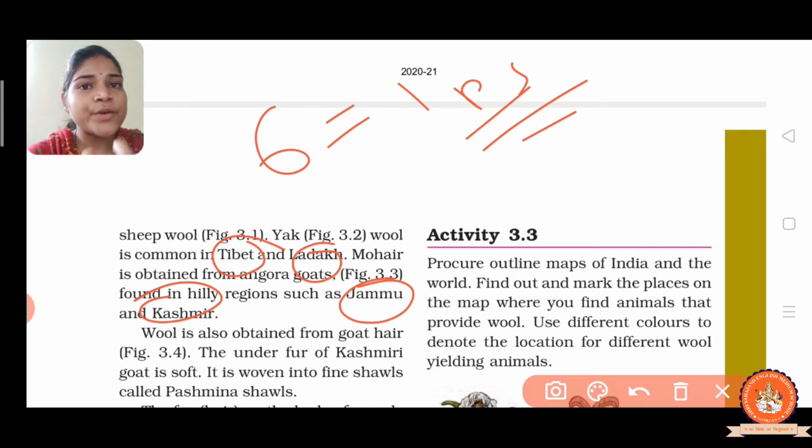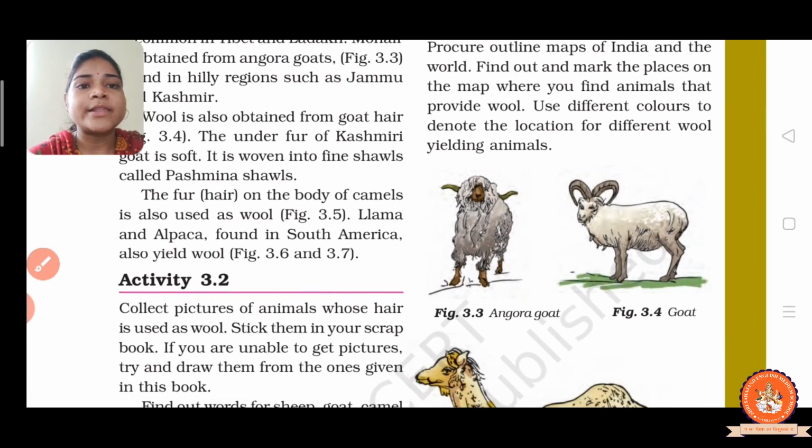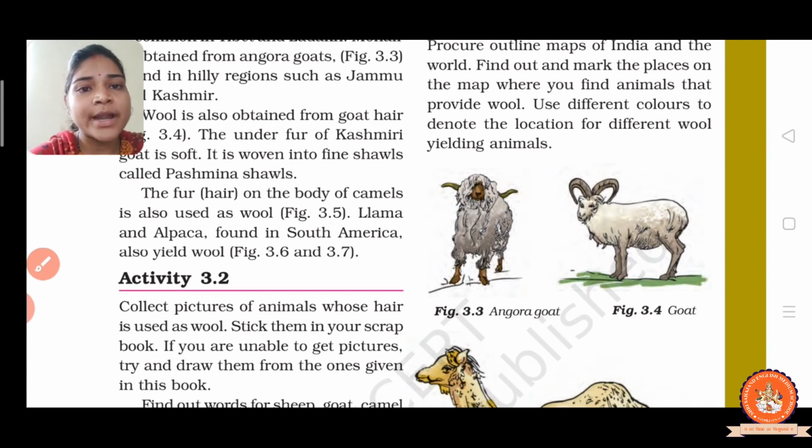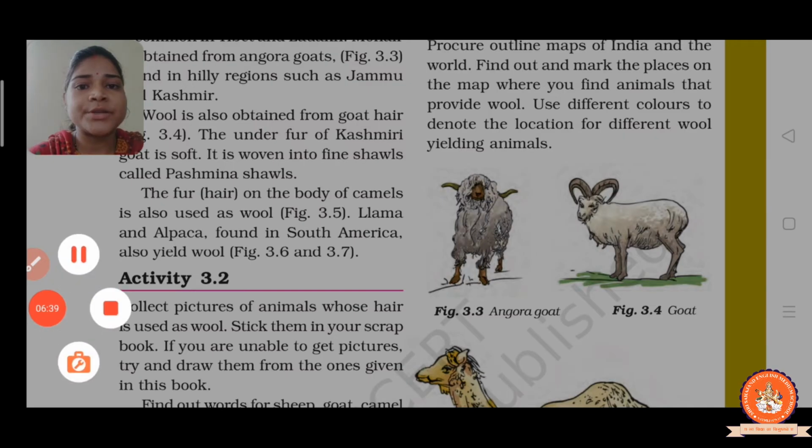So this is a special type of shawl. Now wool is also obtained from the camel family, that is llama and alpaca, found in South America. So students, remember this, it is important for your MCQ questions.